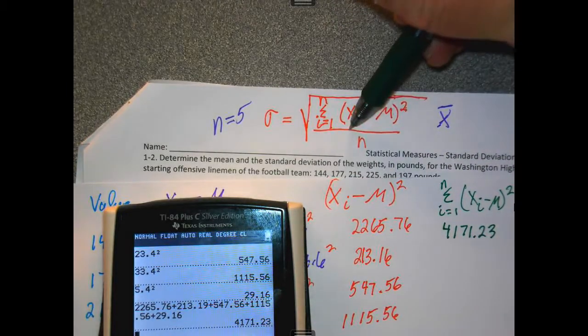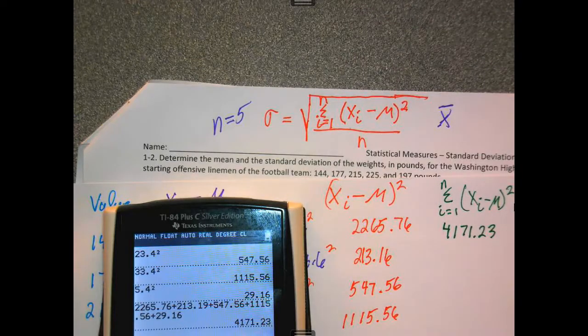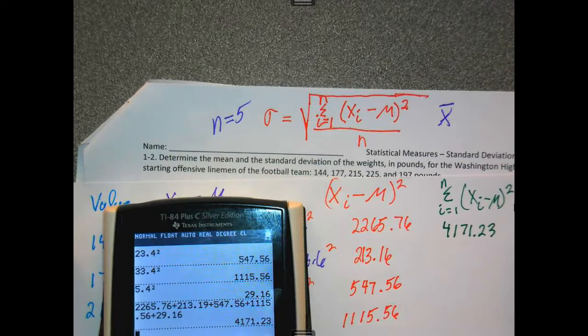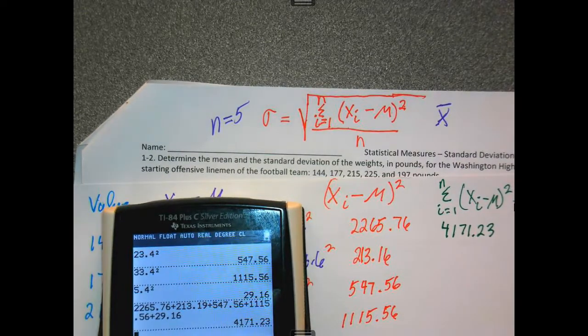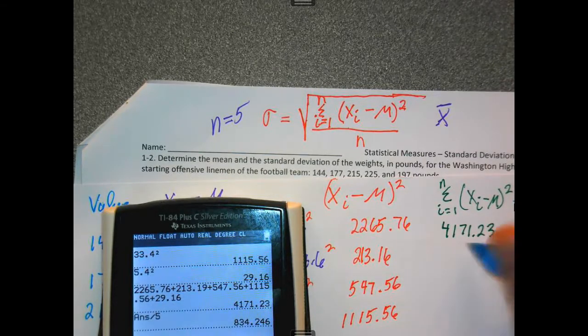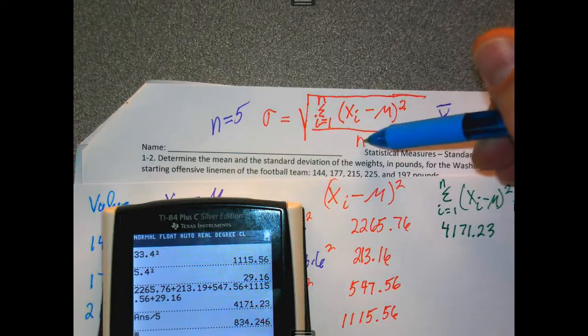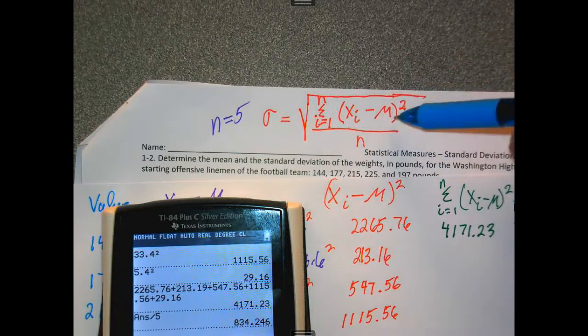So now we got to divide by n, which is 5. We're going to take this, divide it by 5, and we get 834.246. Now we divide, so we have everything under the radical.